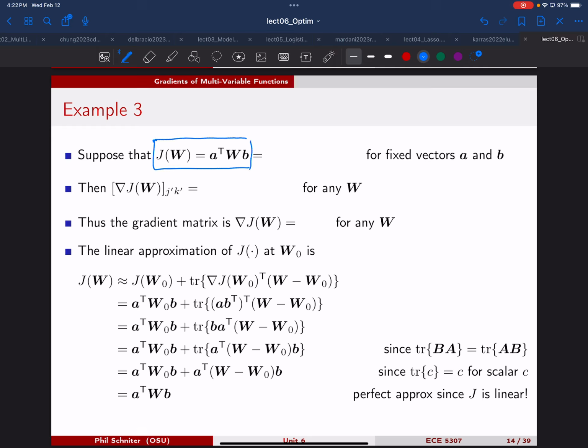It's a function of a matrix W, and it's scalar output. Everything we're doing here, J has to have a scalar output, but the input is a matrix W. And so this is how we take that matrix and turn it into a scalar. There's some fixed vectors, A and B, which we surround the matrix with to bring it down to a scalar.